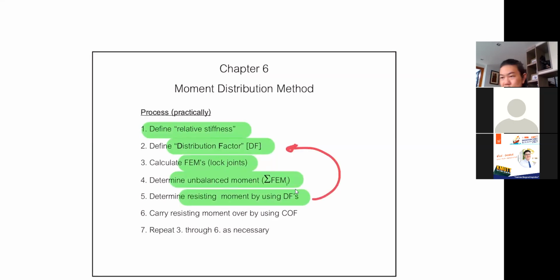Okay, and once you know the resisting moment that occurs here, you know that a half will be carried to the opposite end. Okay, and then that's the end.